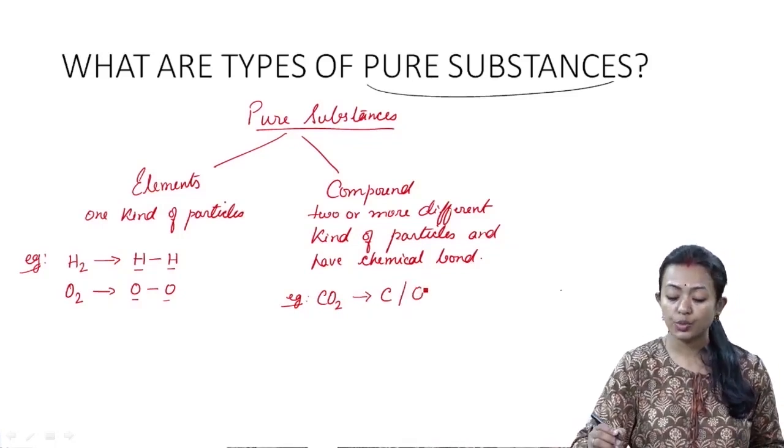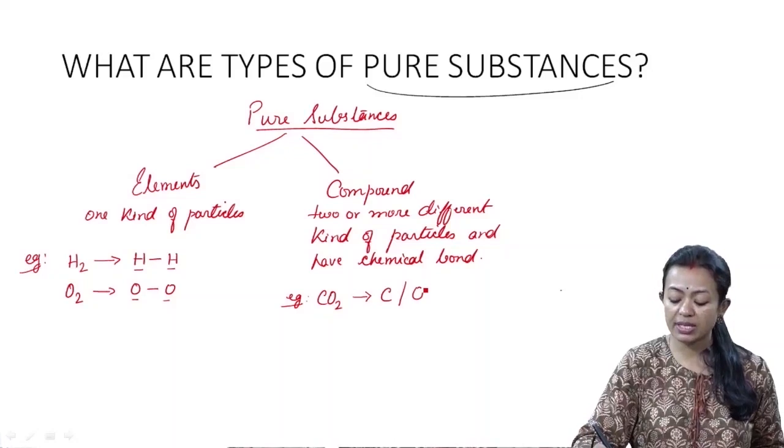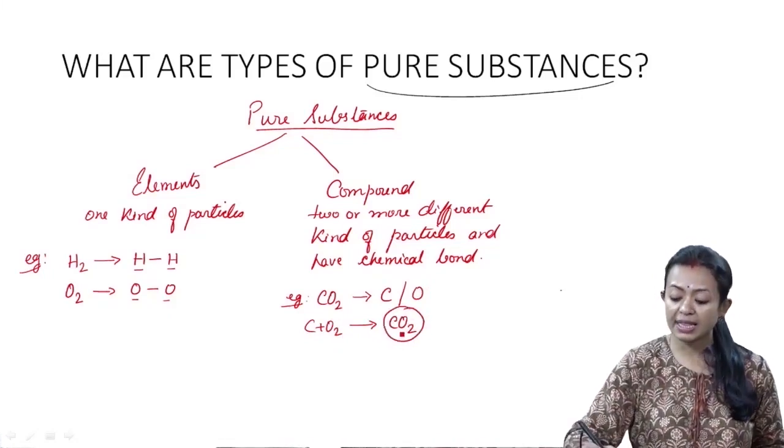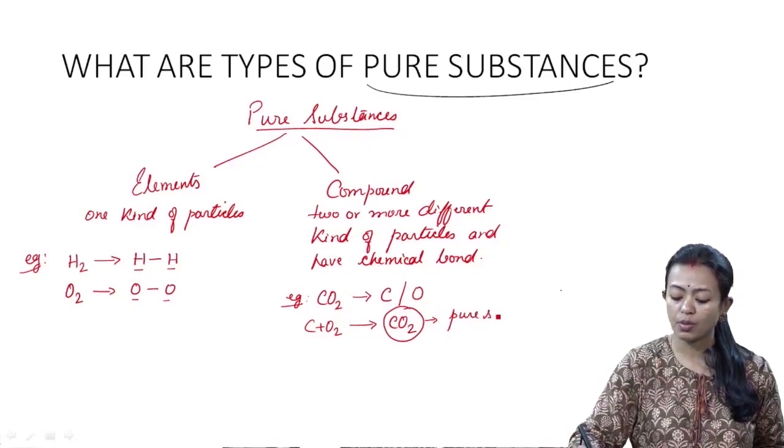But you need to understand that when these carbon and oxygen combine together, they form carbon dioxide, which is a new substance. And this new substance will behave like a pure substance. Why will they behave like a pure substance?